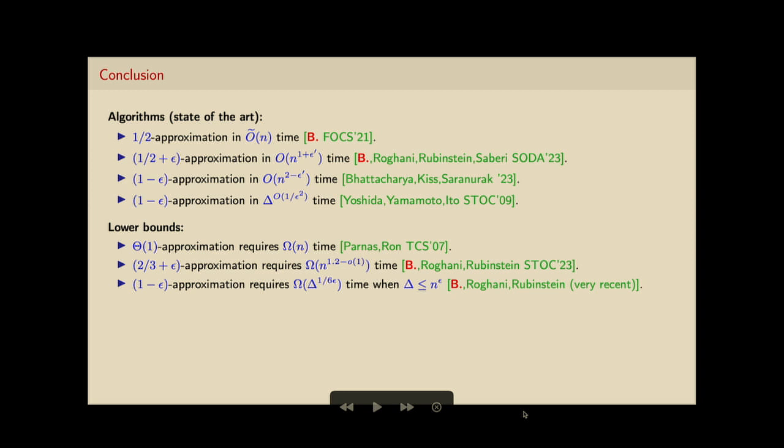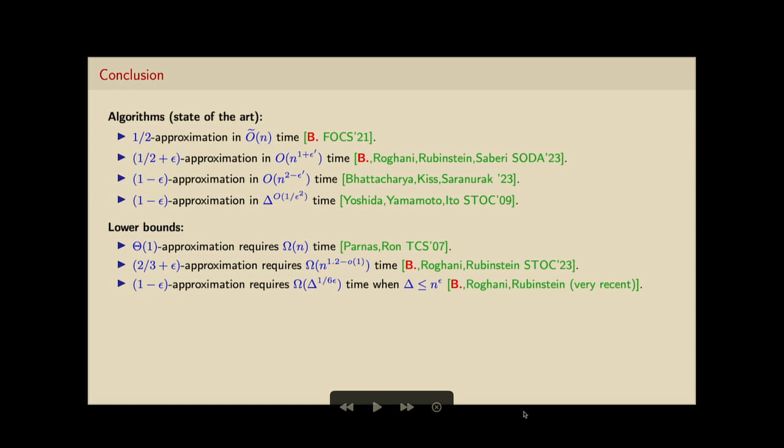We proved that for a 1 minus epsilon approximation, delta to 1 over roughly epsilon time is necessary. So delta should be smaller than n to epsilon. This doesn't really imply anything for the dense regime. But still, for the sparse regime, the gap is now delta to 1 over epsilon squared versus delta to 1 over epsilon, which I think is perhaps a little bit surprising.